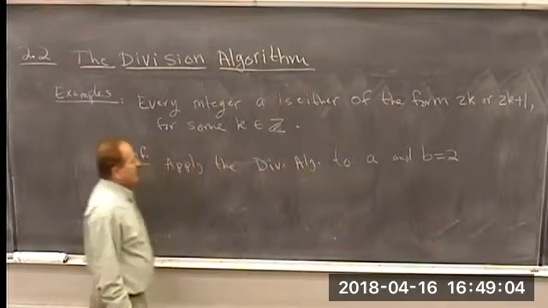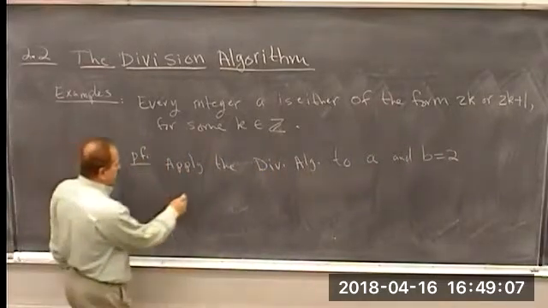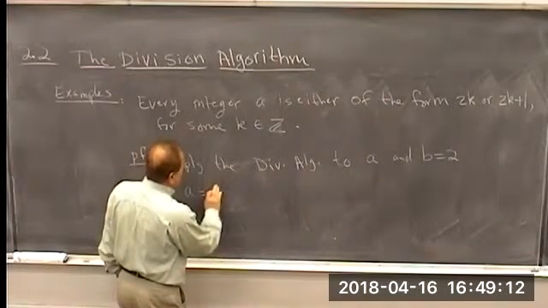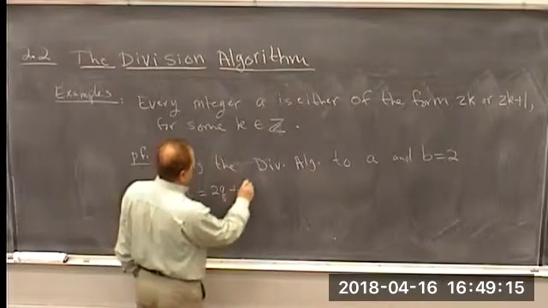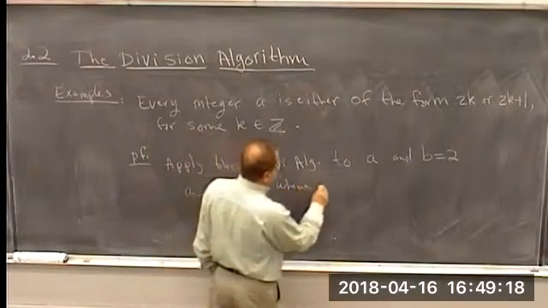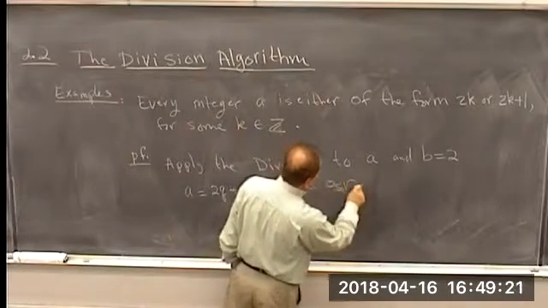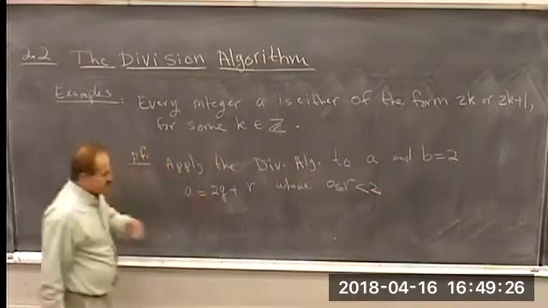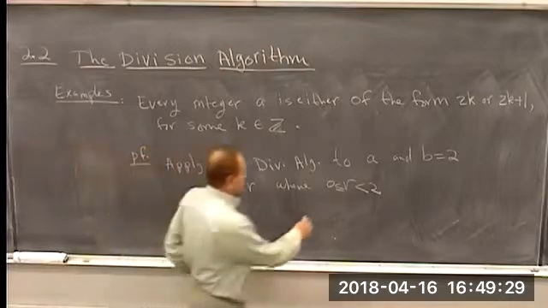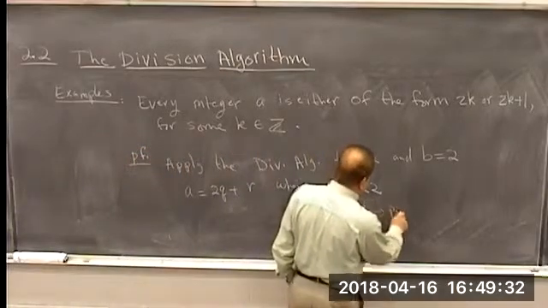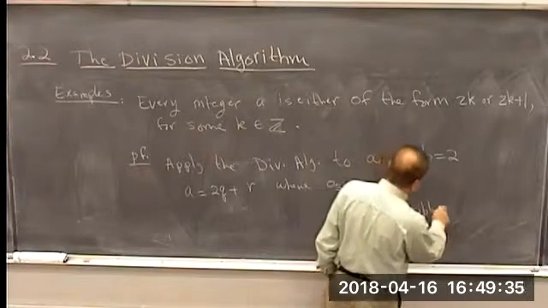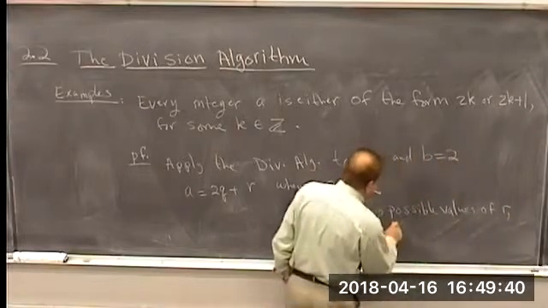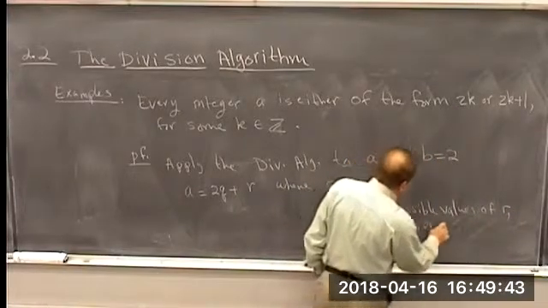All right? Then according to the division algorithm, what we have here is A equals 2Q plus R, where R is between 0 and 2. The B is 2. Well, the only values for R here are R equals 0 or R equals 1.